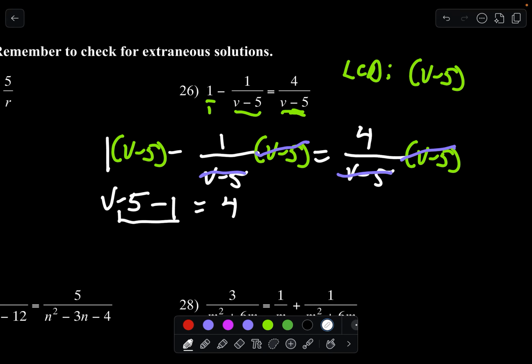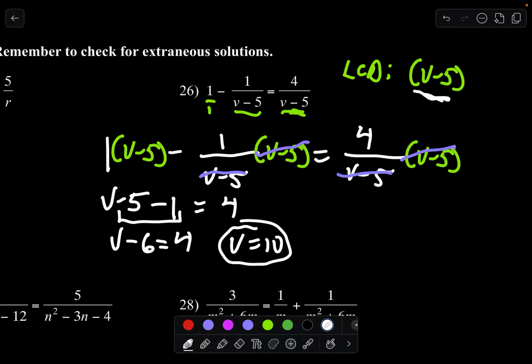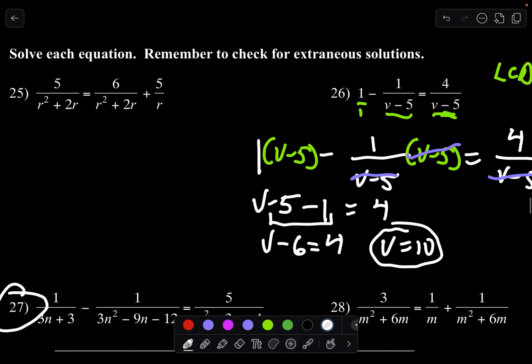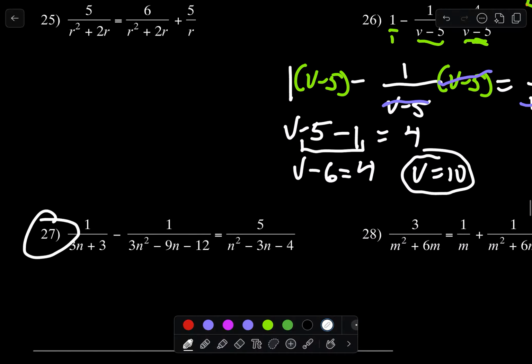So minus 5 minus 1 is minus 6. Add 6, you got v equals 10. All right. 10 does not make the LCD equal to 0, so that is a valid solution. Pretty straightforward, not that difficult.